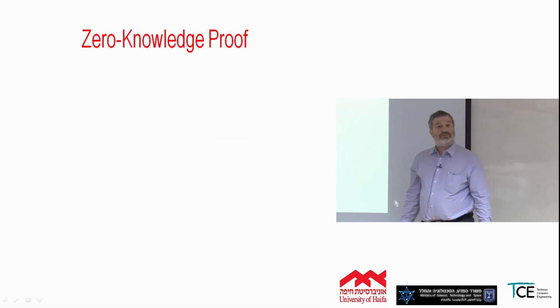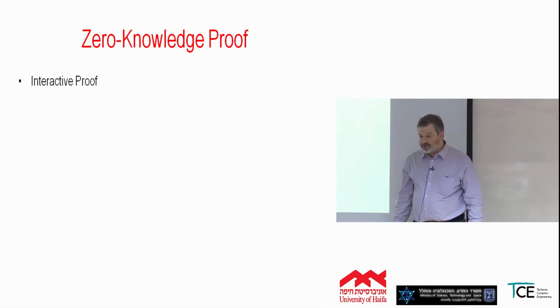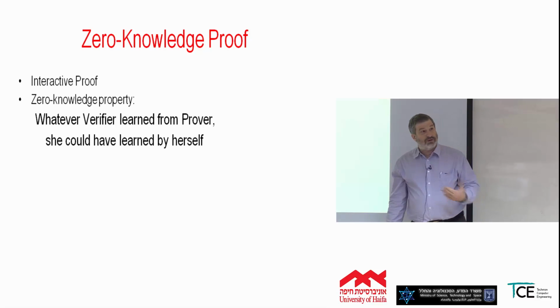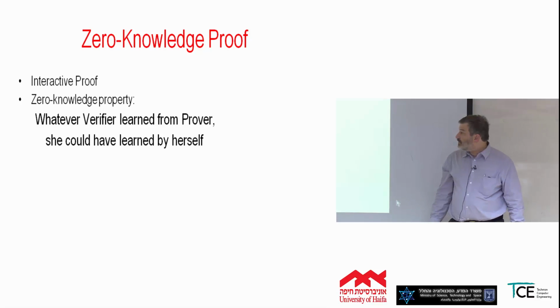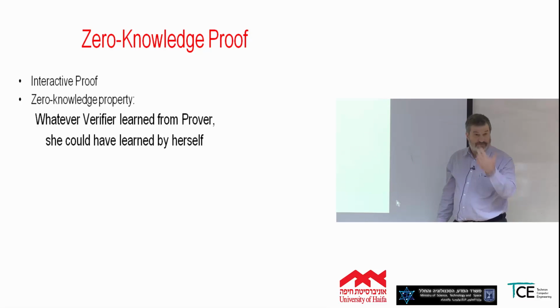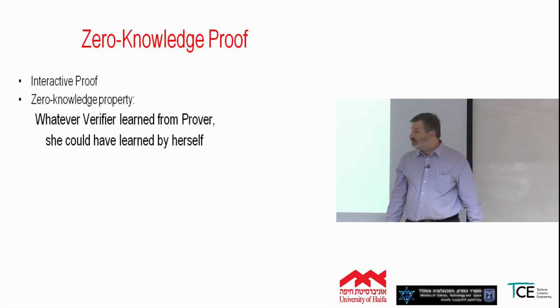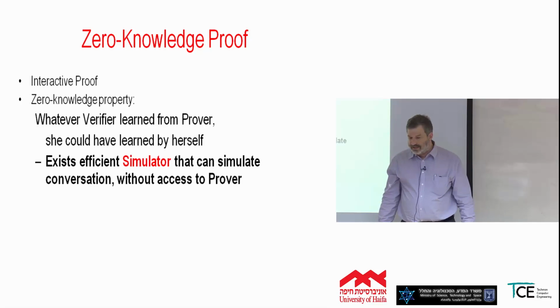Now, we want the protocol also to be zero knowledge. So what does it mean for it to be zero knowledge? It has to be an interactive proof, and the zero knowledge property is that whatever the verifier learned from the prover, she could have learned by herself. Veronica is the verifier, Paul is the prover, V and V, P and P. What does that mean?